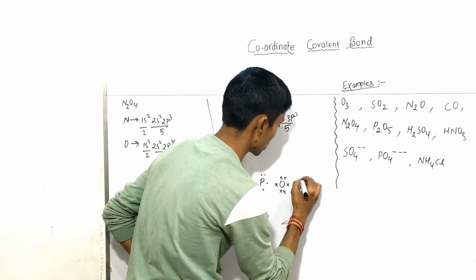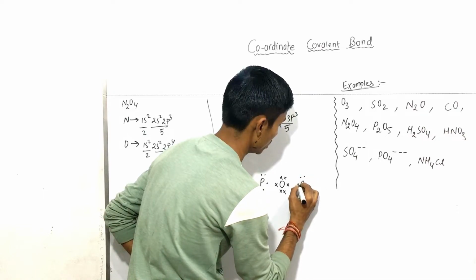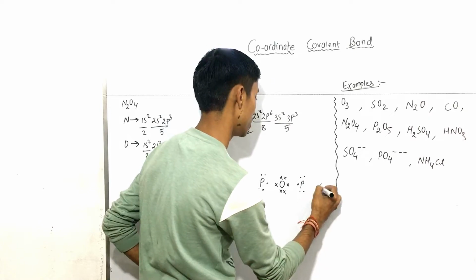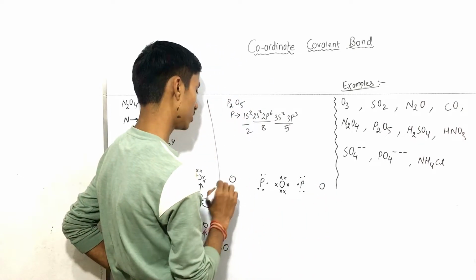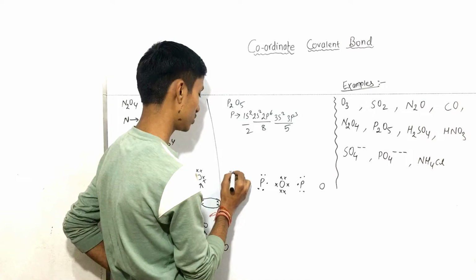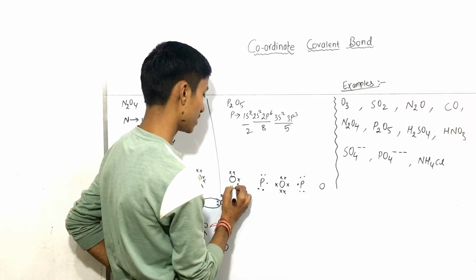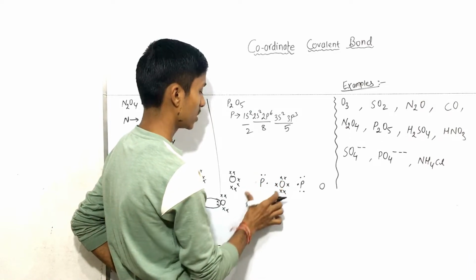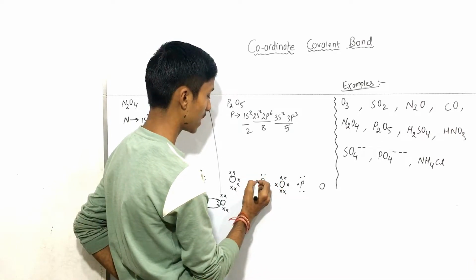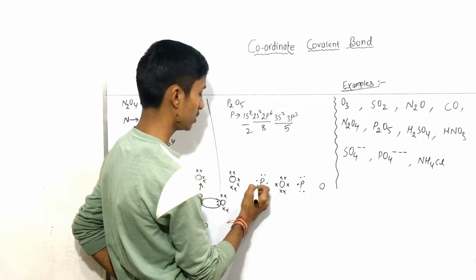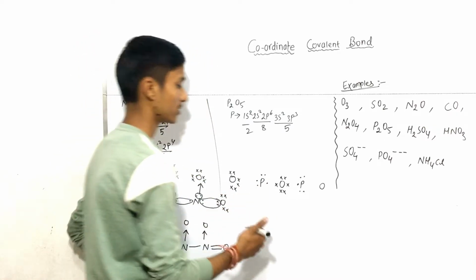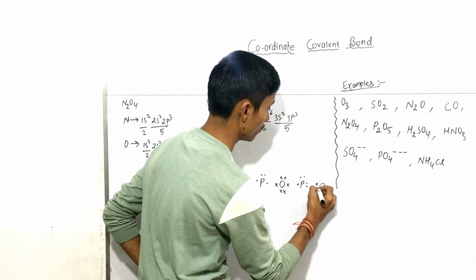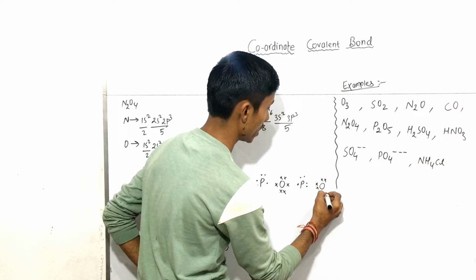Similarly phosphorus atom 1, 2, 3, 4, 5, and similarly one oxygen atom here, another oxygen atom here, 1, 2, 3, 4, 5, 6. This electron we write this side. When you practice a lot, then you automatically know the position of these atoms. And here like this 1, 2, 3, 4, 5, 6.